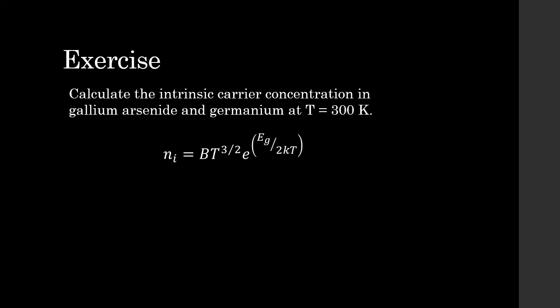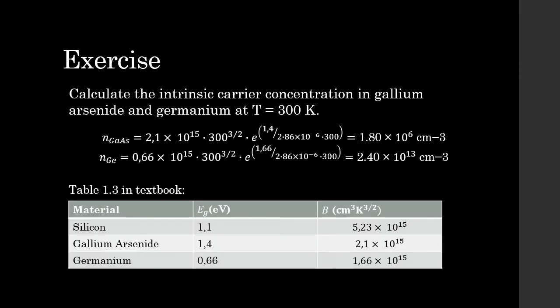Calculate the intrinsic carrier concentration in gallium arsenide and germanium at a temperature of 300 Kelvin. And there we see the equation. And here we are. Students, here's the solution.